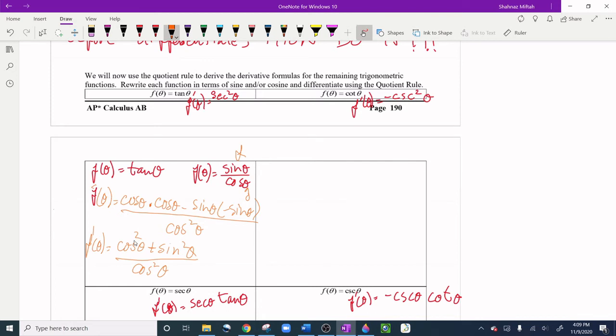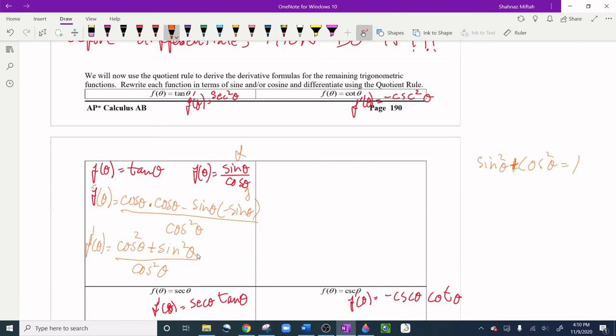Now if you remember, I said this before, when you see a square on top of cosine or sine, whether you need it or not, it should click in your head that we have a Pythagorean identity, which says sine squared theta plus cosine squared theta equals 1. So this is a plus sign between them, and this is like a squared plus b squared equals c squared. So this is my identity.